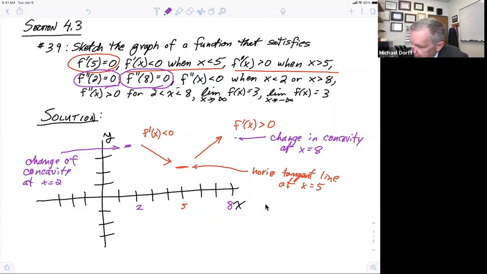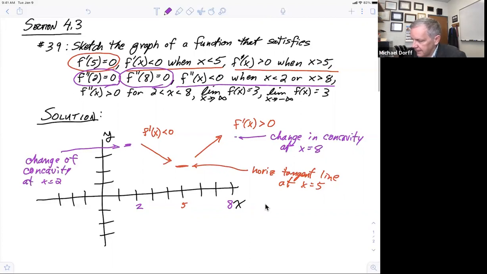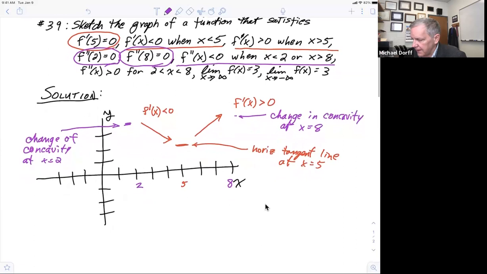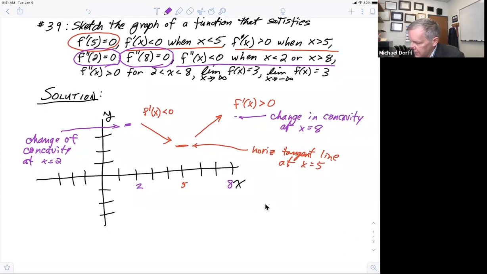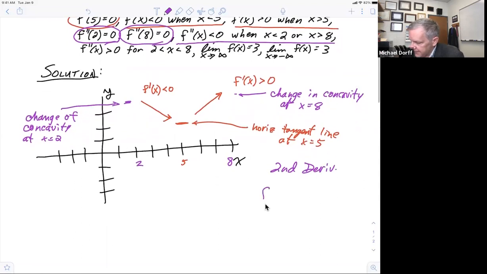Now I'm given that the second derivative is less than 0 when x is less than 2 and x is greater than 8. So let's recall here the second derivatives. If the second derivative is less than 0, that means second derivative negative, and that is a frowny face, meaning concave down.